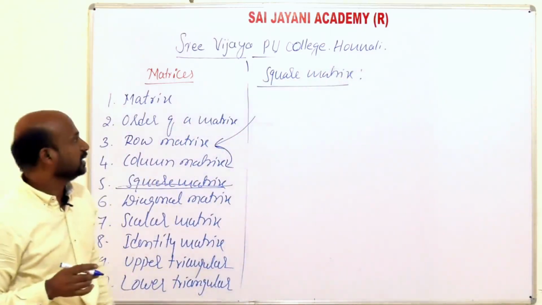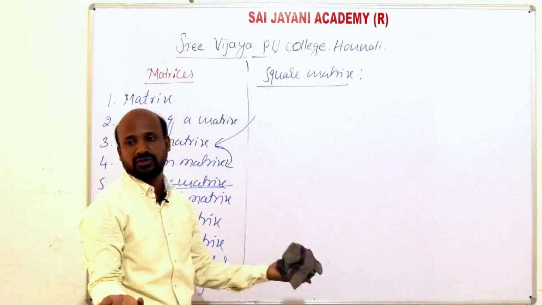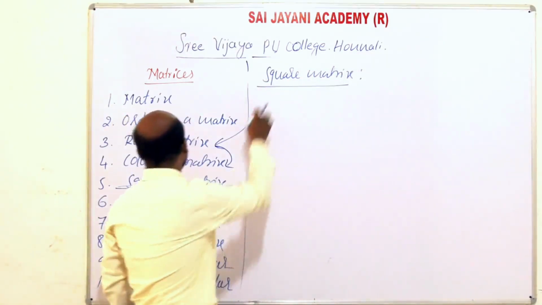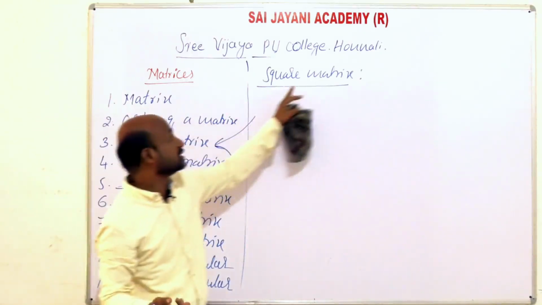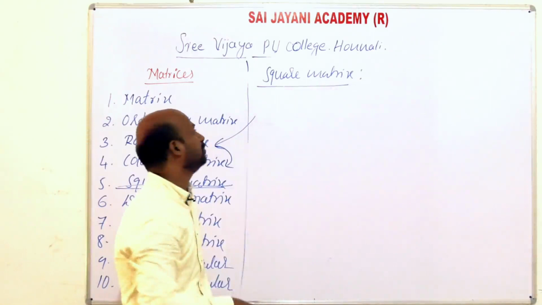A matrix is said to be a square matrix if the number of rows is equal to the number of columns. So in case of rectangular matrix, number of rows is not equal to number of columns, but in case of square matrix, number of rows is equal to the number of columns.